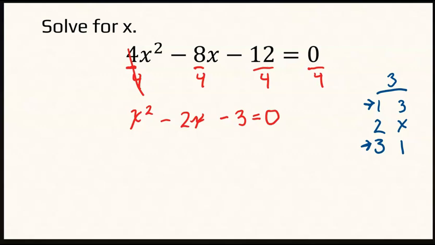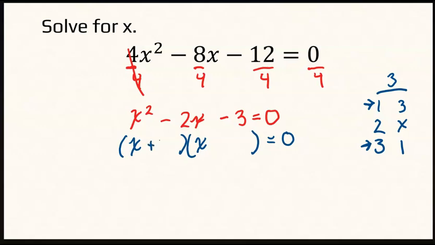Okay, so now I have to figure out how to get those two numbers to add to negative 2. Well, 1 minus 3 is negative 2. 3 minus 1 is positive 2. I want negative 2, so I'm going to set up what's often called the double bubble, and then get my two x's in there. 1 minus 3.